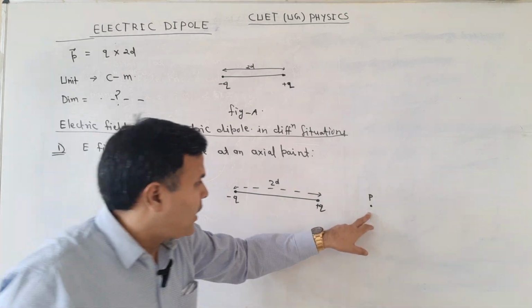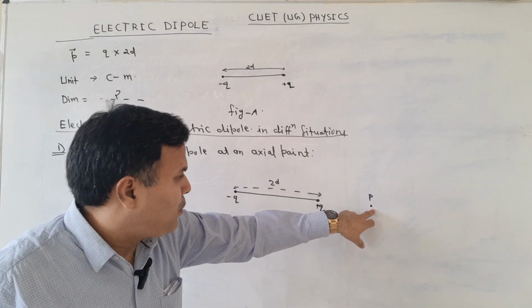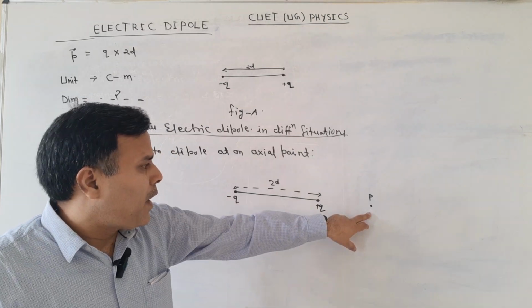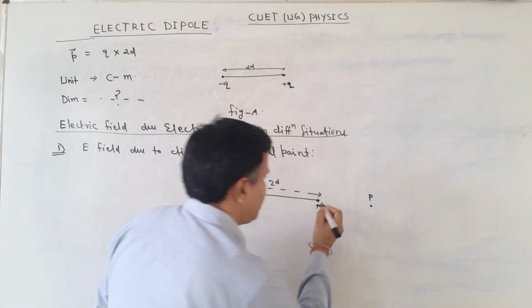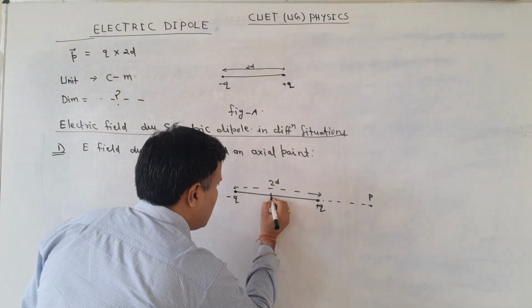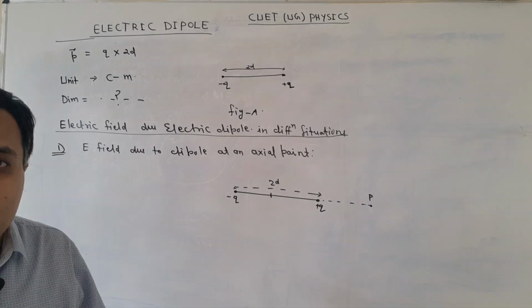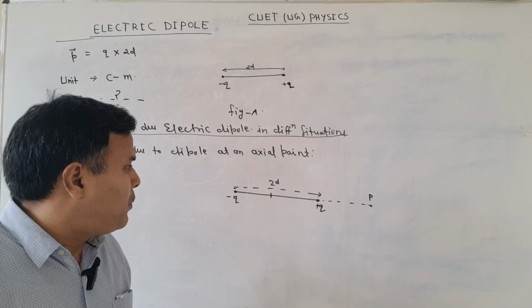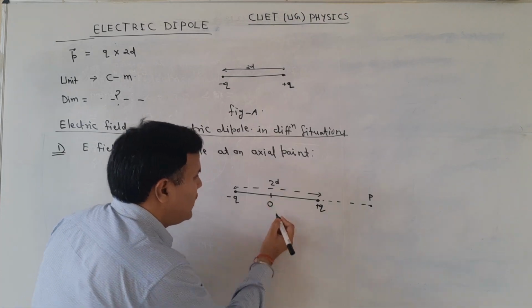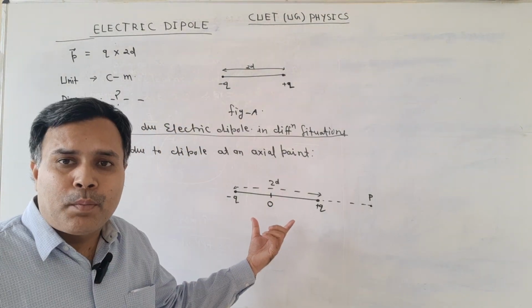So we consider any point P which is on the axis of this dipole, and we want to find the electric field from the center of the dipole. Let's say this O is the center of this electric dipole.